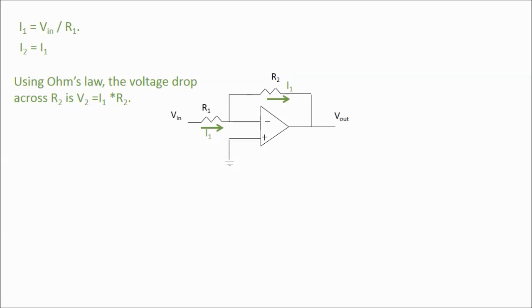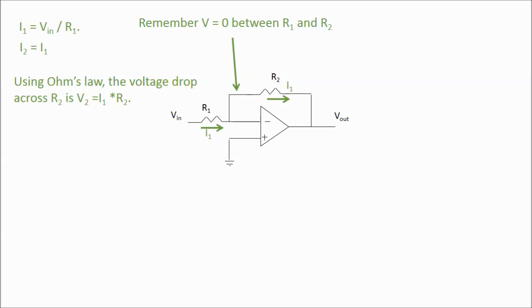Now, we apply Ohm's law again. Since I know the current going through R2, I can use Ohm's law to figure out the voltage drop across R2. That voltage drop will be the current, I1, times the resistance of R2, just R2. So remember, we already decided using Rule 4 that the potential on the left side of R2 is equal to 0.